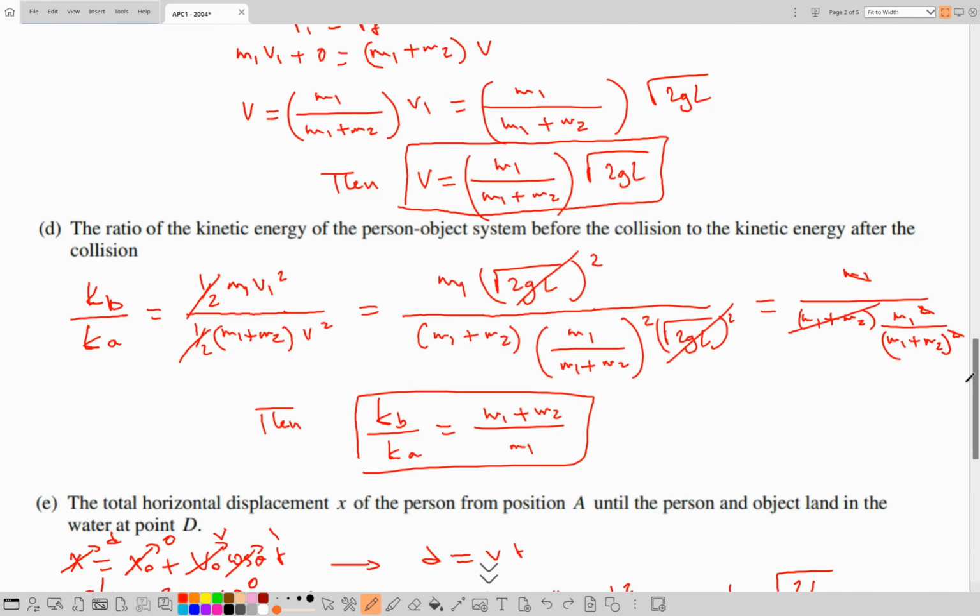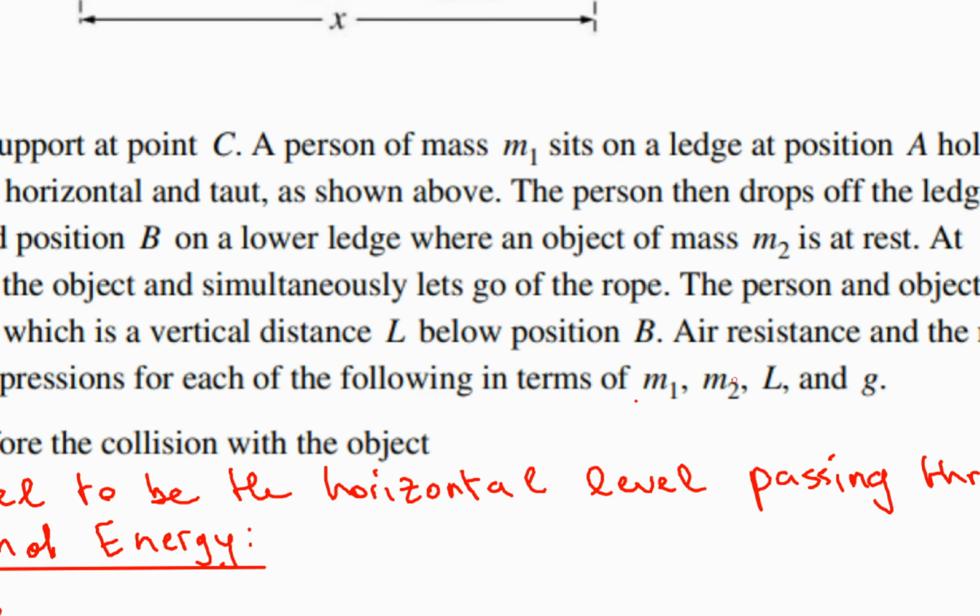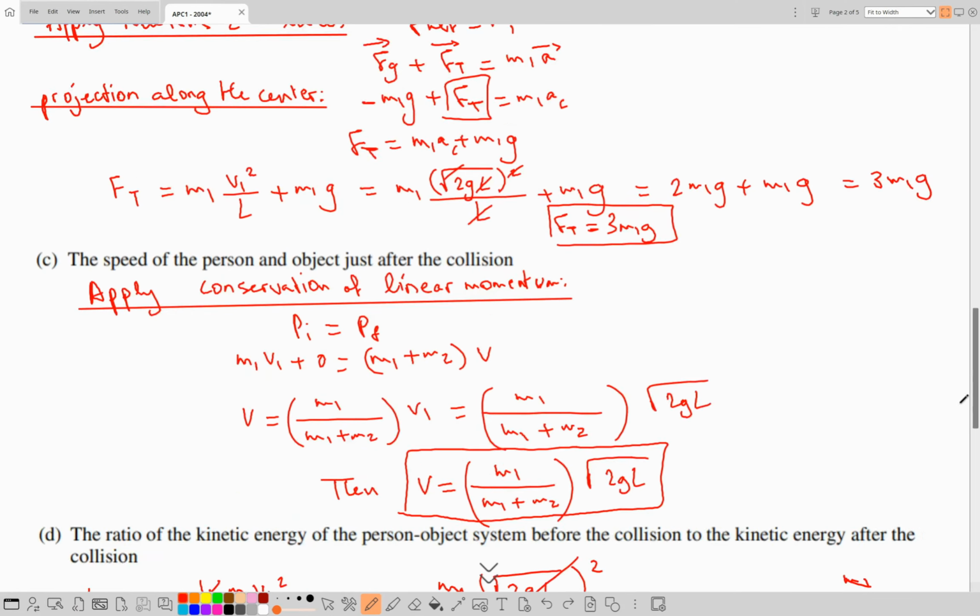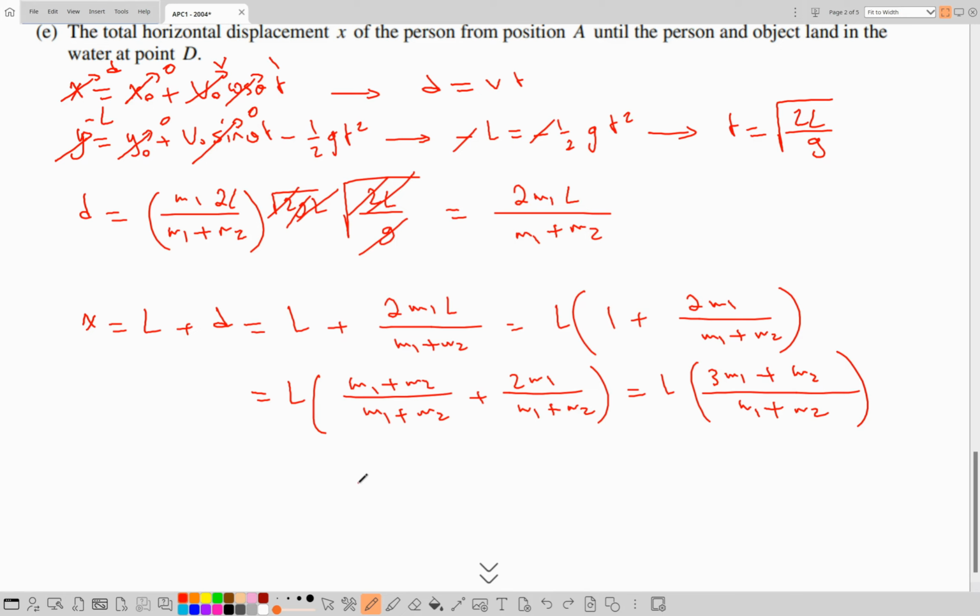And this is an accepted answer because it's expressed in terms of m1, m2 and capital L. So the horizontal distance traveled by the person-object system is given by the fractional mass 3m1 plus m2 divided by m1 plus m2, multiplied by capital L.